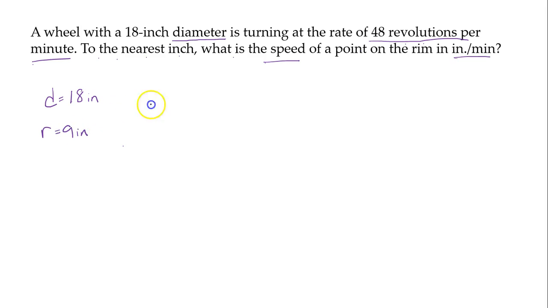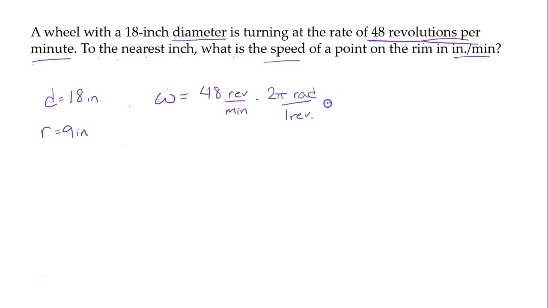All right. Angular speed, this is how you come up with angular speed. Especially whenever you're given 48 revolutions per minute, what your angular speed is going to be is 48 revolutions per minute. And whenever you have revolutions per minute, make sure you multiply by 2 pi, because there are 2 pi radians in 1 revolution.